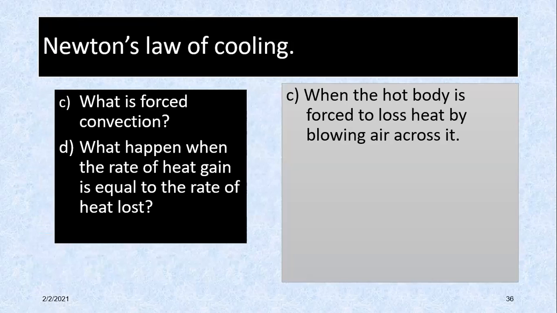Right? What is forced convection? You force air across the body, blow air across the body to cause it to lose heat faster. What happens when the rate of heat gain is equal to heat loss?